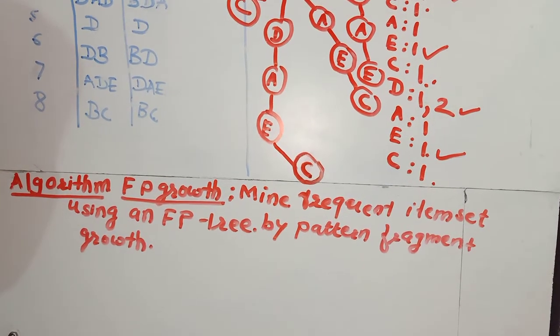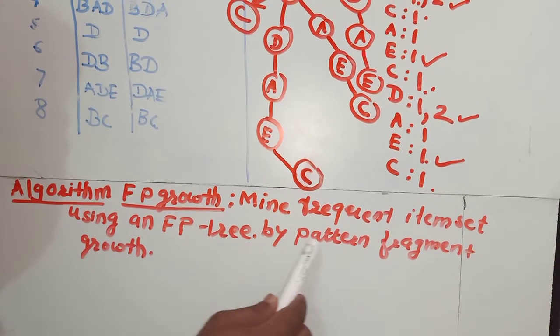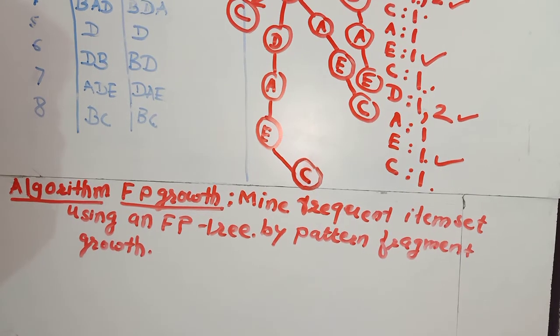So what the algorithm says is, mine the frequent item set using an FP tree by pattern fragment growth.